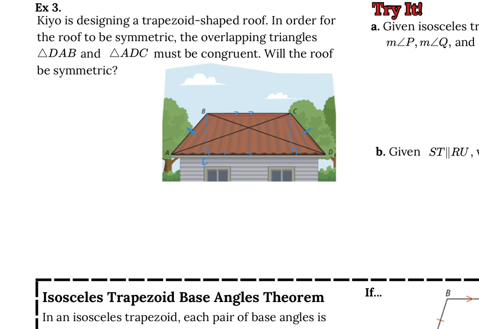I'll call this E and I'll call this F. And this side would be congruent to this side. Okay, so we know that triangle ABE would be congruent to triangle DCF, and that is through hypotenuse leg.